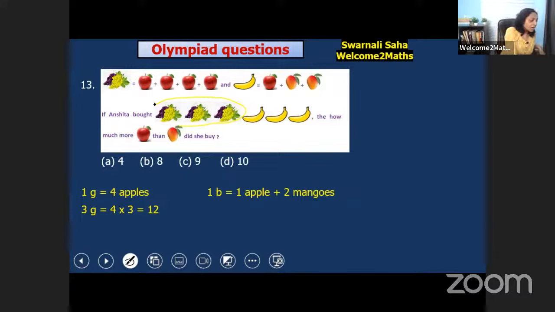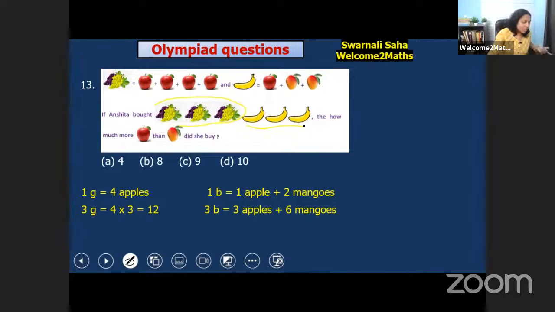Anshita bought 3 bananas, so that is 3 apples, and 3 into 2 is 6 mangoes.